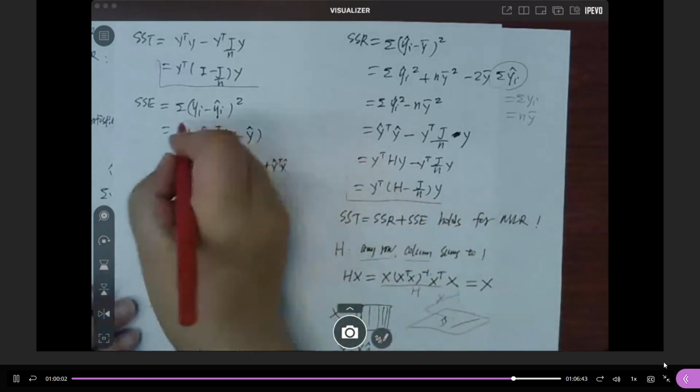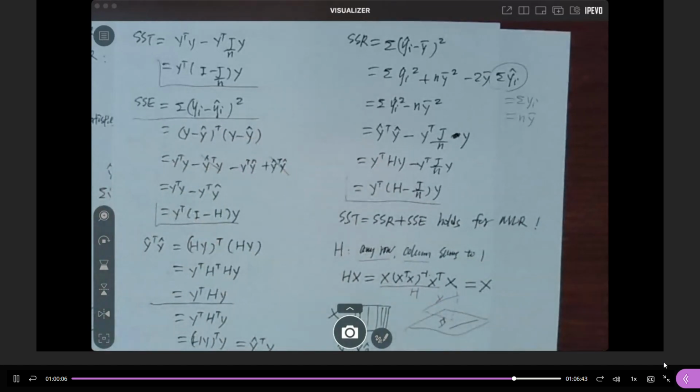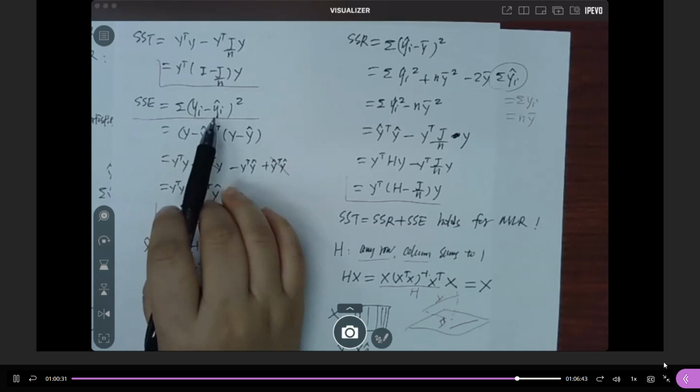This is the formula you need to look at. So each yi is 1 degree of freedom, so the summation of yi is n, right?